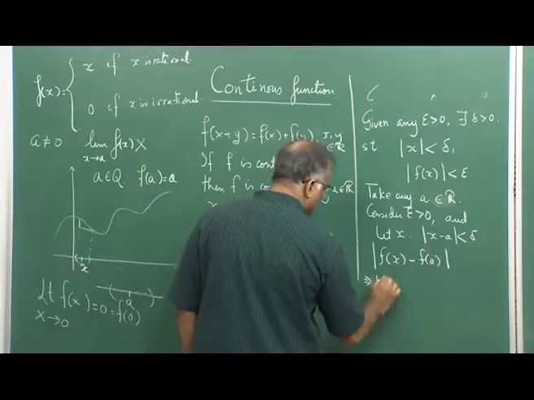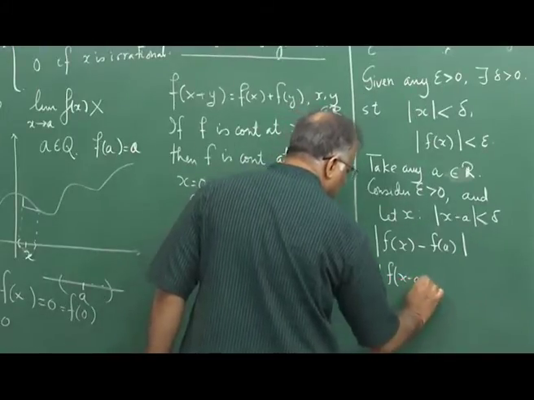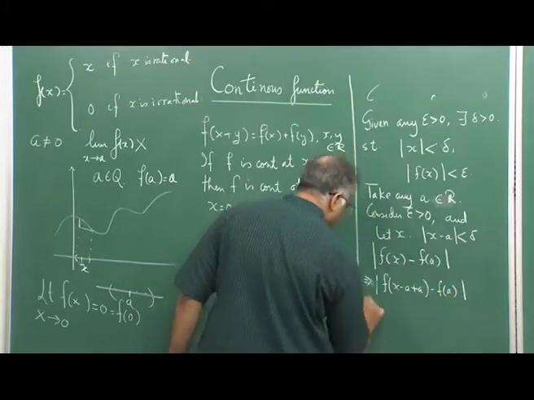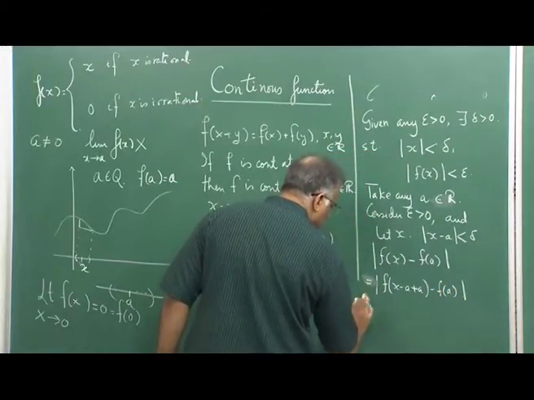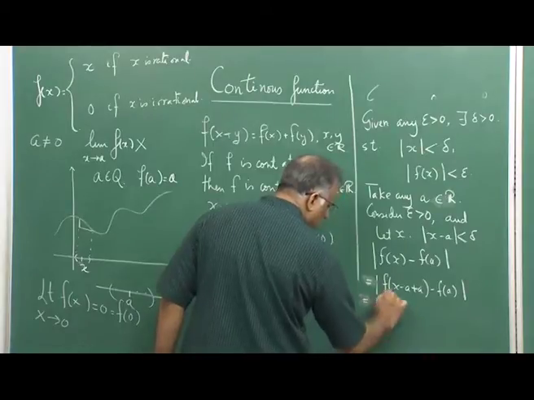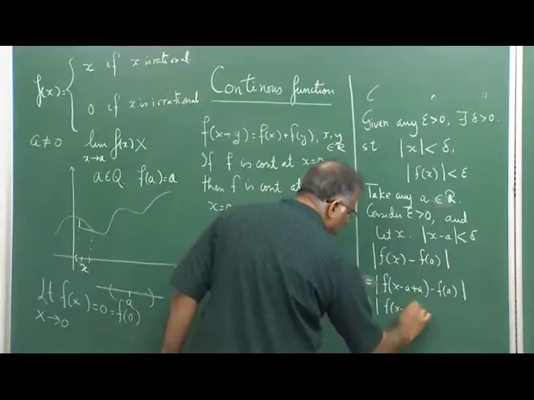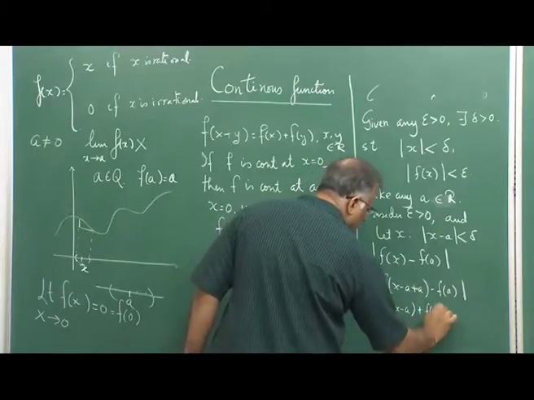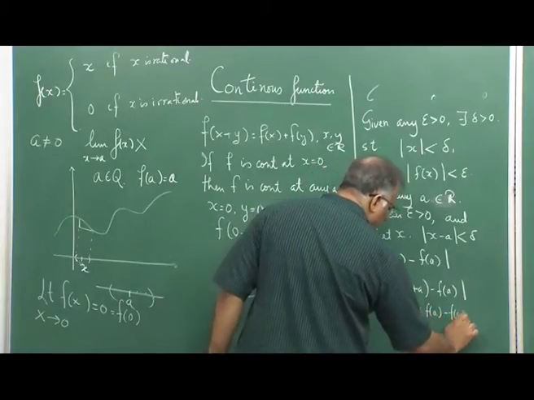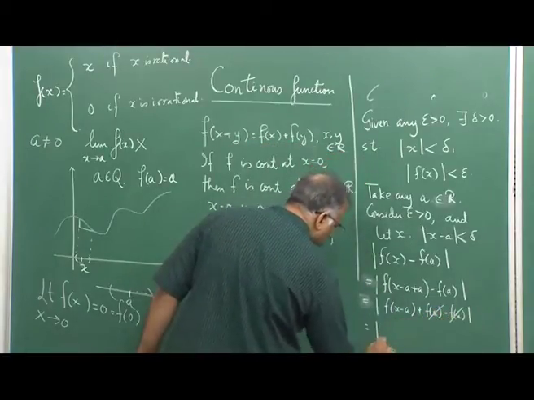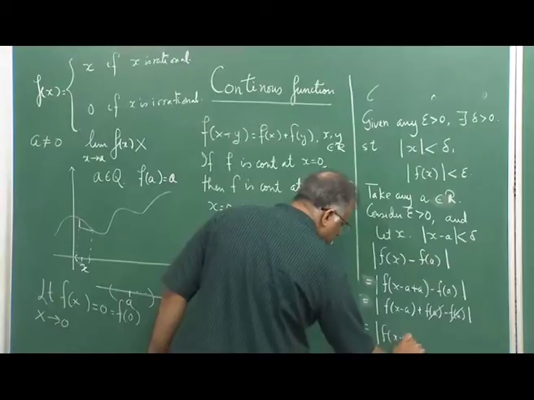So, this can be written as f(x minus a plus a) minus f(a), right. So, this is equal to now what is this? I will apply this one. So, this can be written as f(x minus a) plus f(a) minus f(a). So, f(a) cancels and this is equal to f(x minus a).